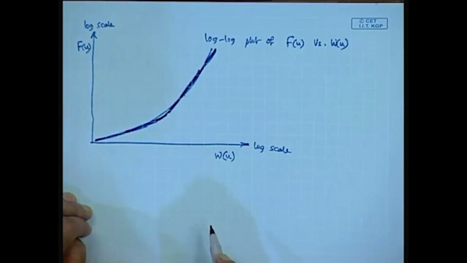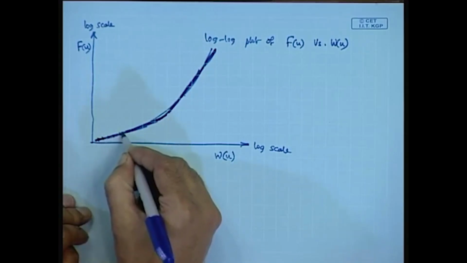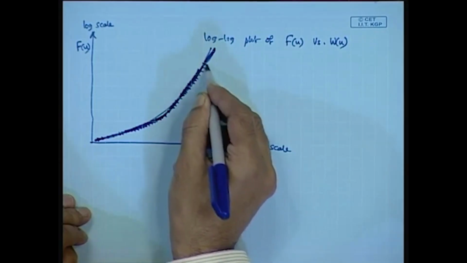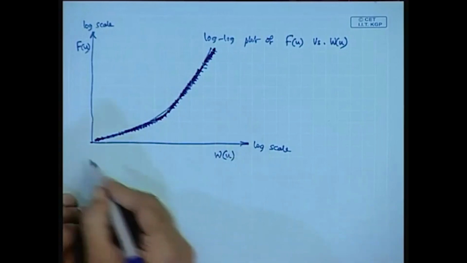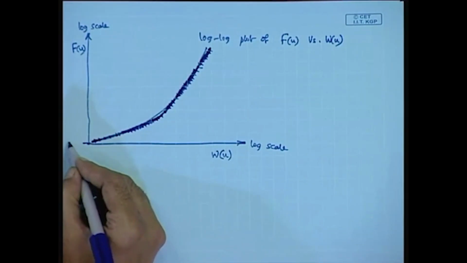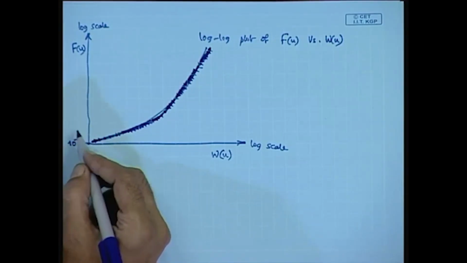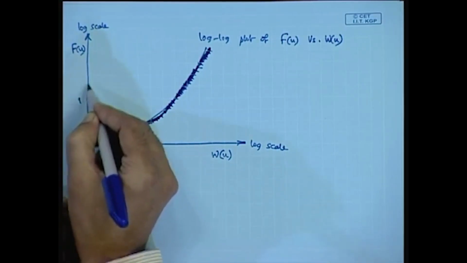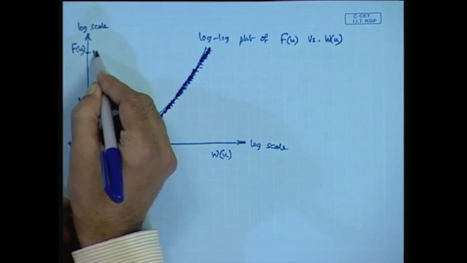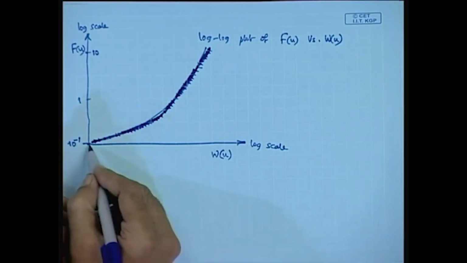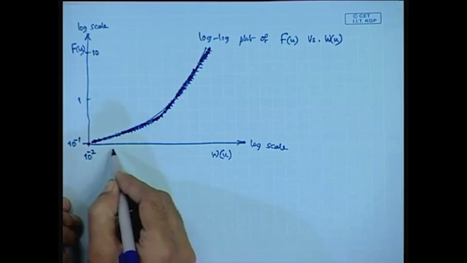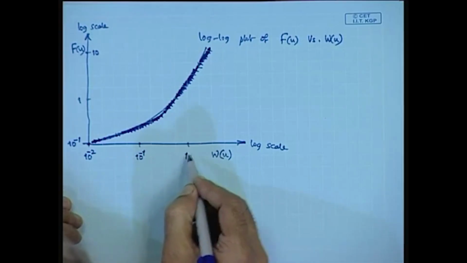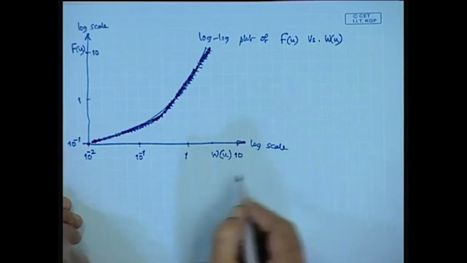Along the curve the values of the well function parameter u are denoted. Typically the F(u) axis may start with 0.1, then 1, then 10, and similarly on this axis 10 to the power minus 2, then 10 to the power minus 1, then 10 to the power 0, that is 1, then 10, and so on.